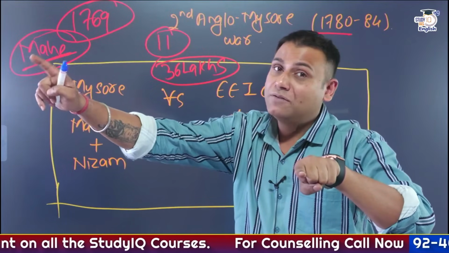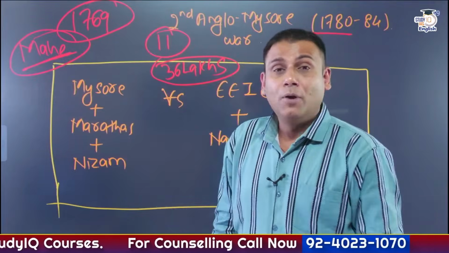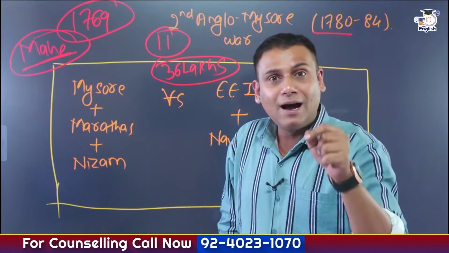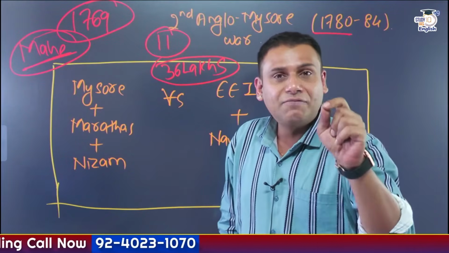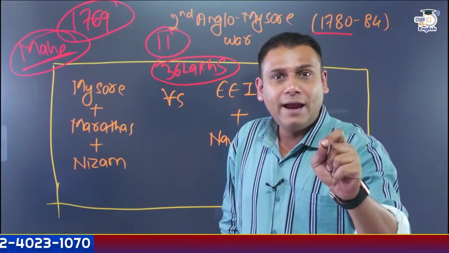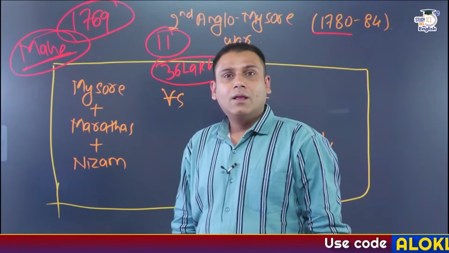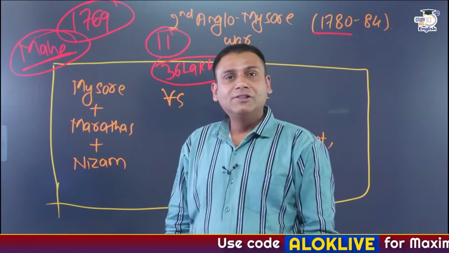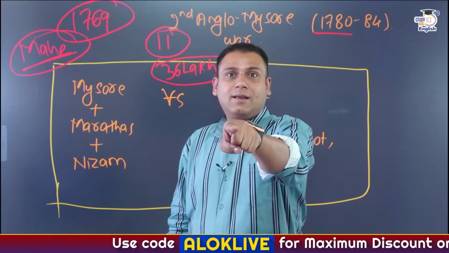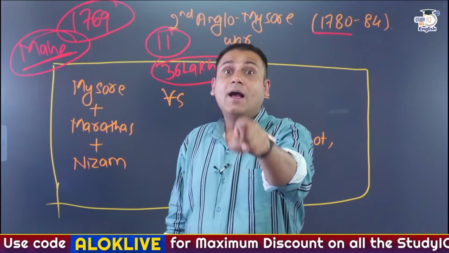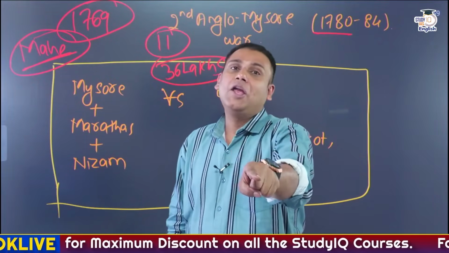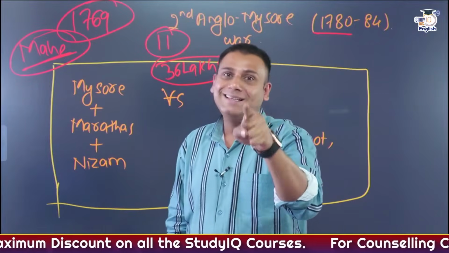So Britain was very angry with France because France had formed an alliance on 6th February 1778 with the natives of America against the British. So Britain was very angry with France now. Hence, the English East India Company attacked the region of Mahe, which was held by the French East India Company.